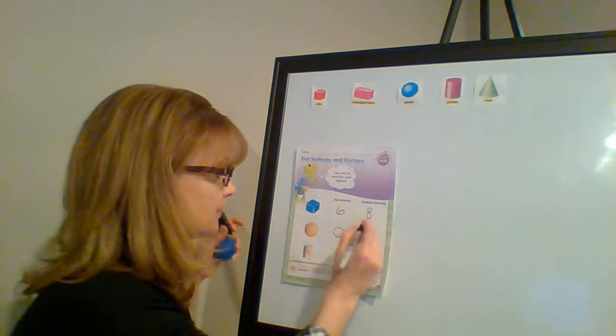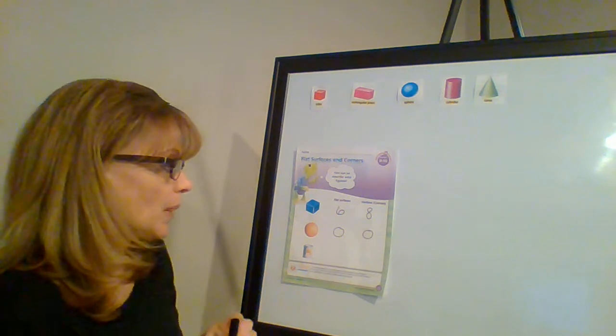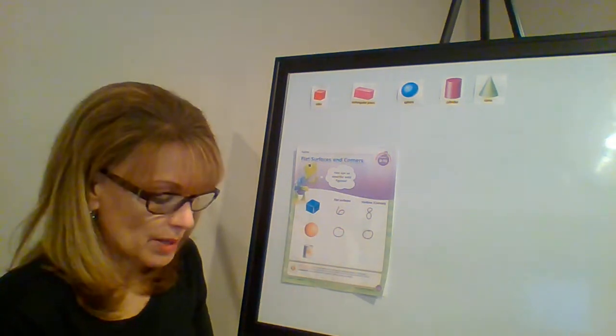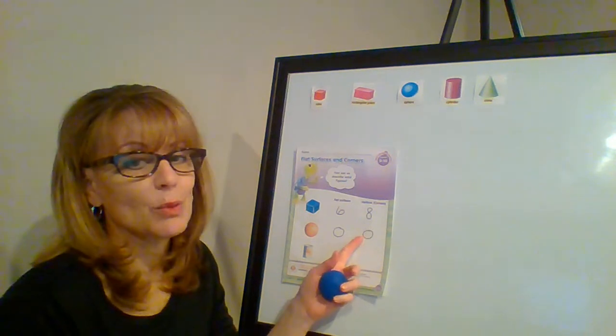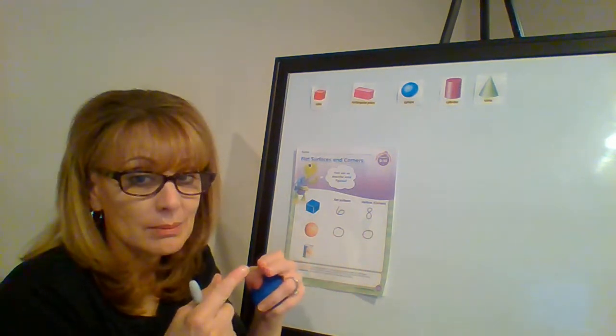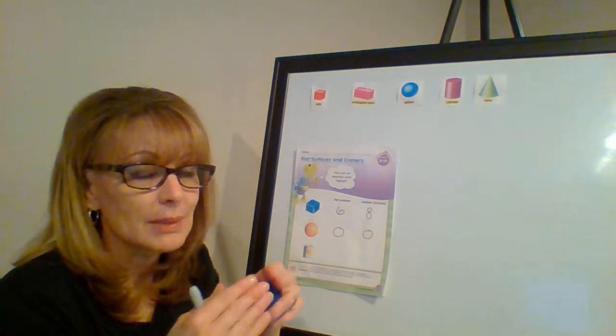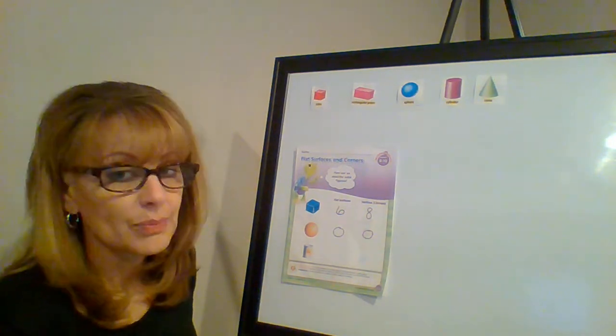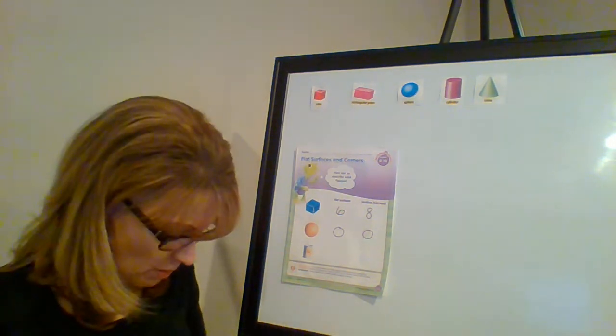We don't have any. So a sphere has 0 flat surfaces and 0 corners. And a corner is where pieces meet, lines or edges or flat surfaces. We'll get into that more tomorrow.